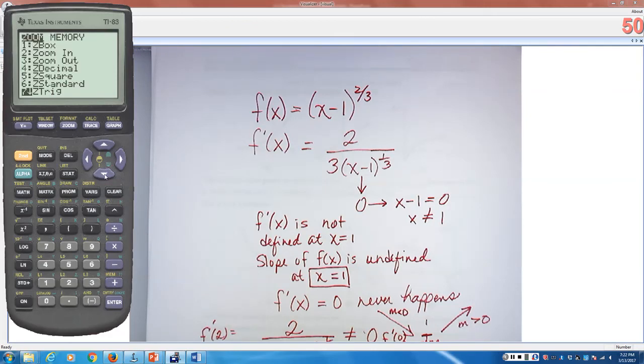But I'm still going to do a zoom 0. There it is, it's coming down. What do you notice happened to the function when x was equal to 1? Change the window a little bit.